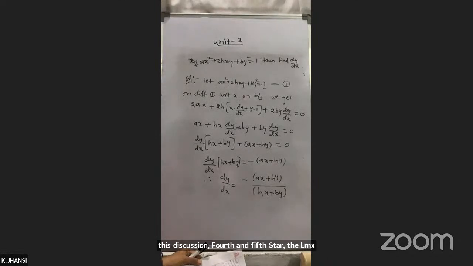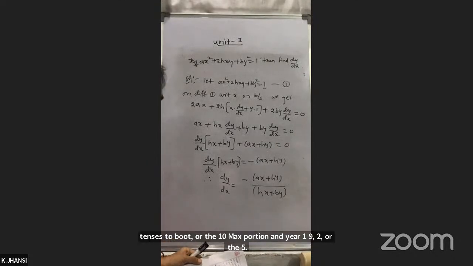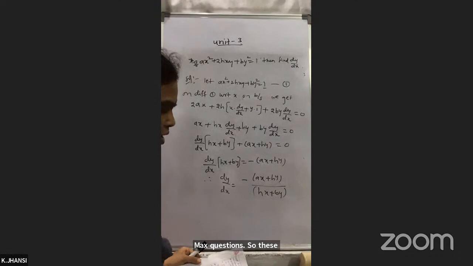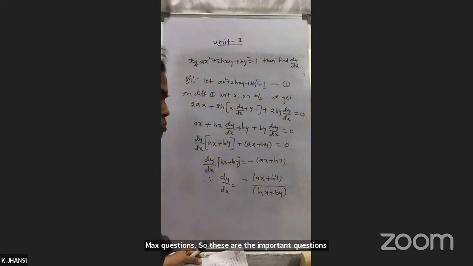The fifth question I have told just now, and the fourth question is similar to the fifth one. Just take it in the form of u plus v. Fourth and fifth are the 10 marks questions, and here 1 and 2 are the 5 marks questions. So these are the important questions from block 1.